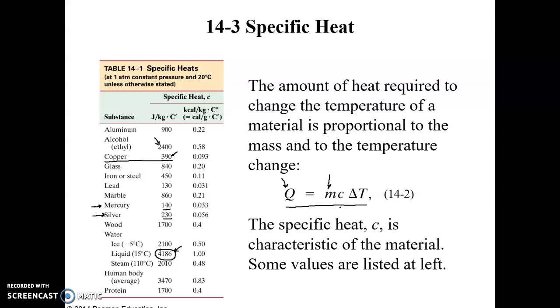So the more stuff you have, the more water you have, the more energy it's going to take to heat it up. Its C, its specific heat, which can be found here on this chart, and then delta T, how much do we want to heat it up by? So the more we want to heat it up, the more heat it's going to require. The more of it we have, the more heat it's going to require. And the higher its specific heat is, the more energy it's going to require.